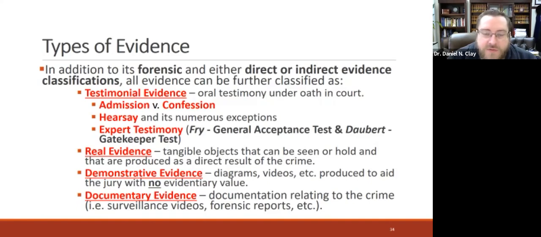So real evidence would be the murder weapon. So we get to a crime scene, we find a body, and then in the room over, we find a gun lying on the floor, smoking, and the body had been shot.